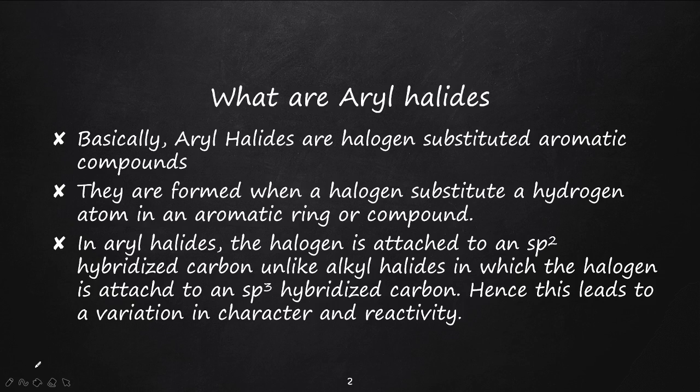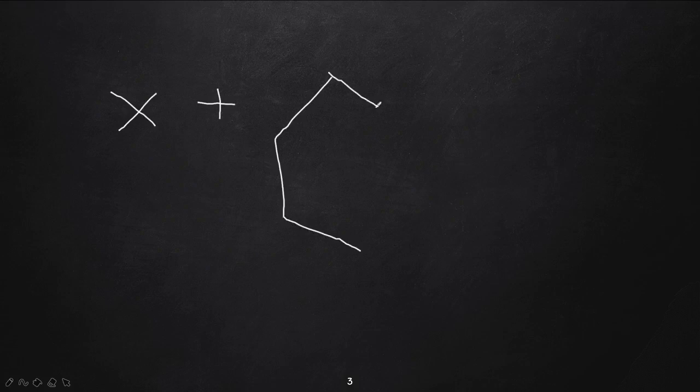That means they are formed when a halogen, let's call it halogen X, substitutes a hydrogen in an aromatic compound, for example, benzene. Let's get another page. The halogen, that's the X, substitutes a hydrogen present in benzene.